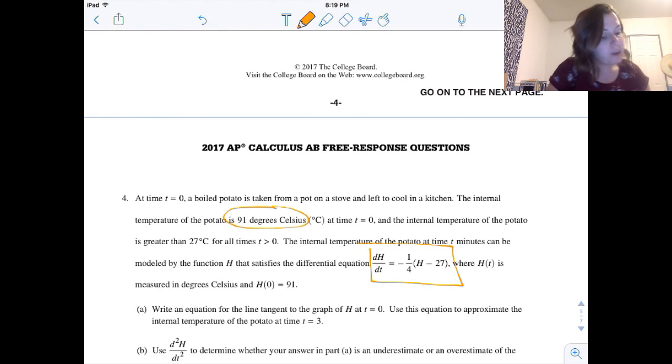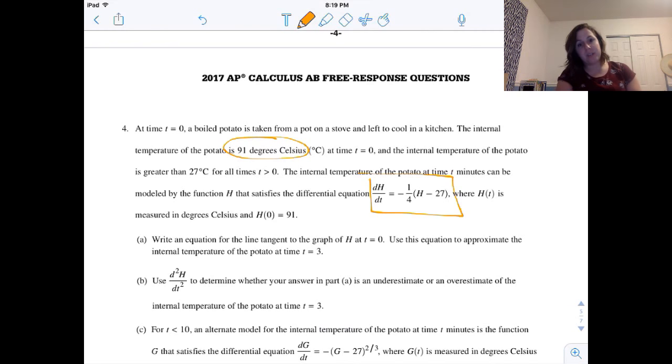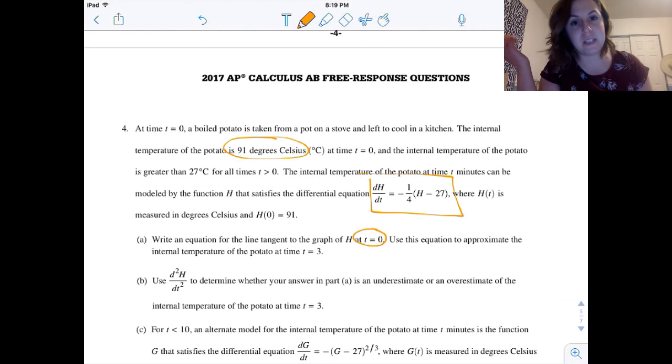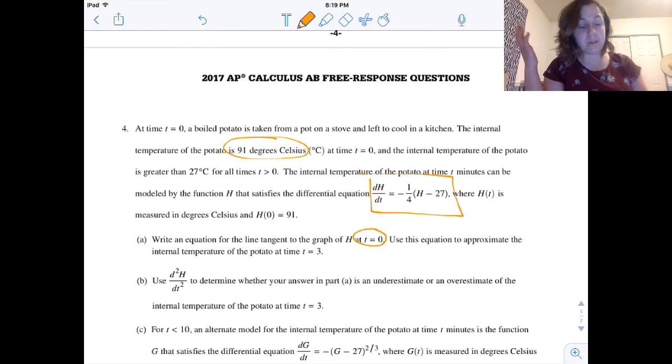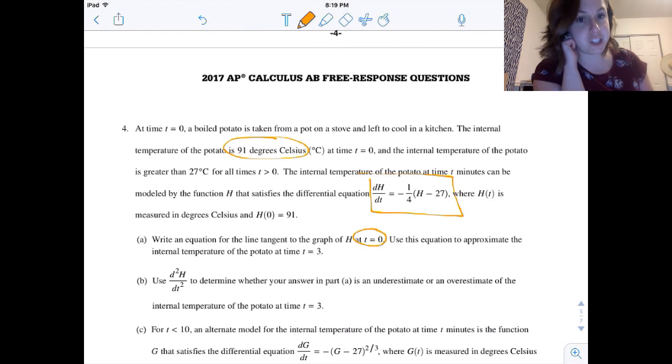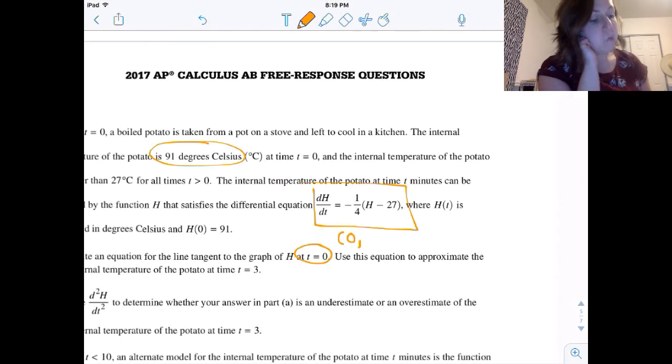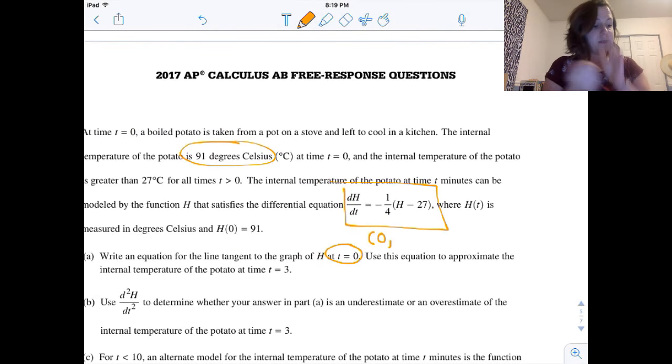So now what I want to do is look through this. Notice what's popping up again. Tangent line. So write the equation for a tangent line at t equals 0. Use this equation to approximate the value at 3. So I need dH/dt first. So let's start with a point. I know t is 0. What is h? Because remember, it's h in terms of t. What is h for that time? Well, it's 91.